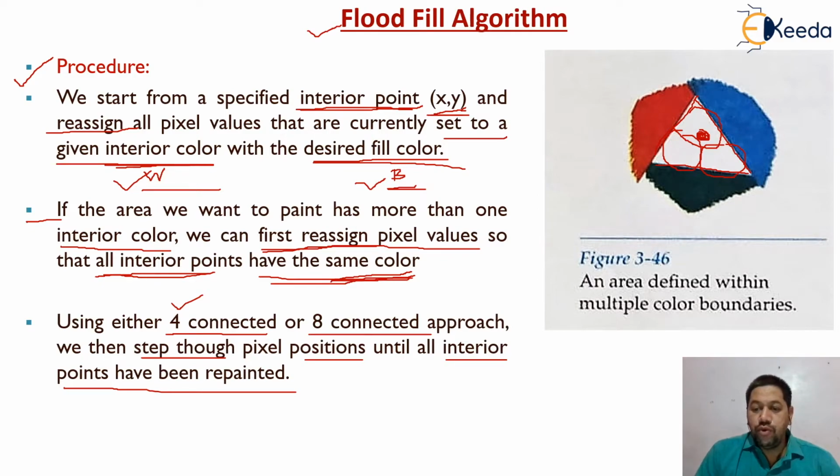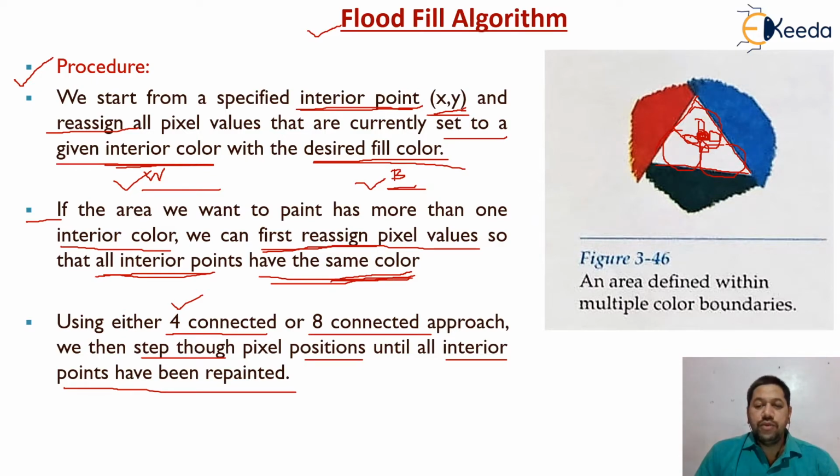Suppose this is my seed pixel or interior pixel, and it is already having the background color, or we say interior color, white. I have filled it with the brown color. Then I'm going to check its 4 connected pixels. We know the 4 connected pixels are left, right, up and down, or above and bottom.